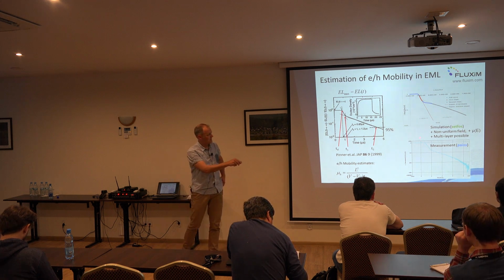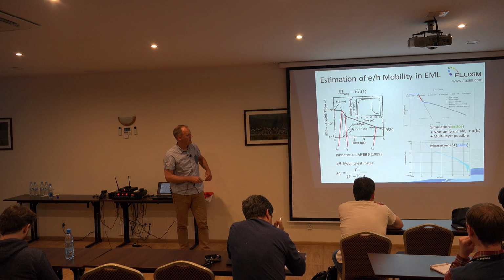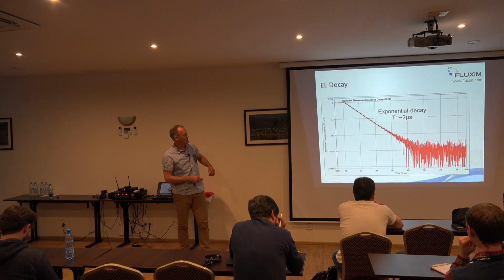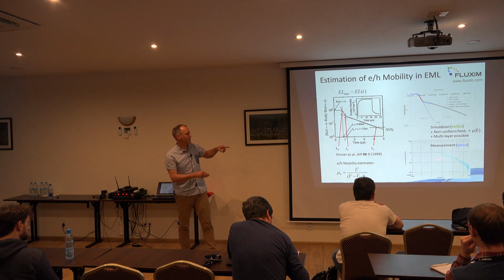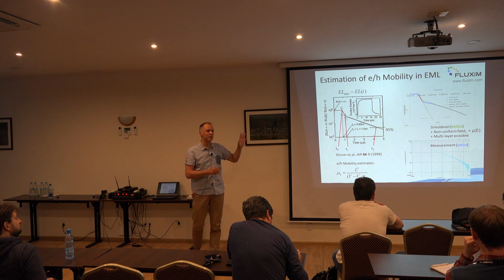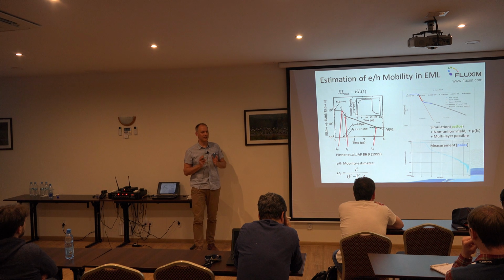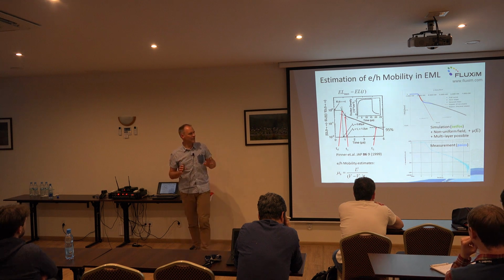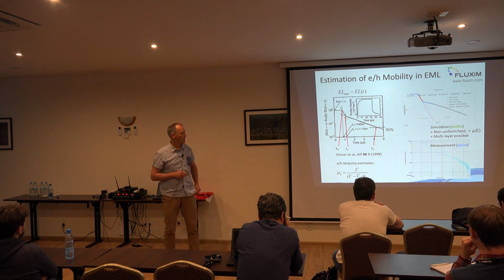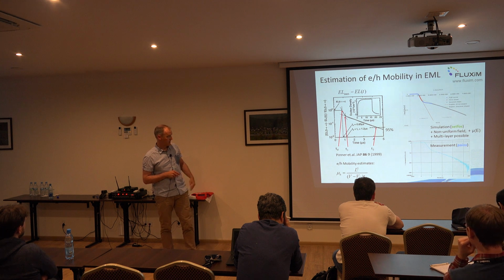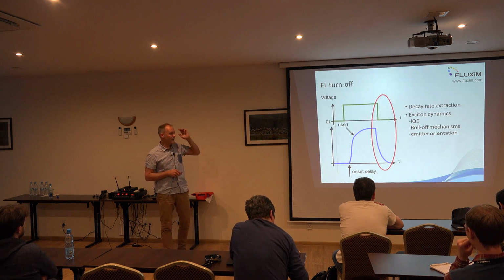So you have a fast time constant and slow time constant. So that's the turn-on dynamics from which you could estimate electron hole mobility in the emissive layer. Just the emissive layer, regardless whether there is additional layers. Yeah. Now let's look at the decay.